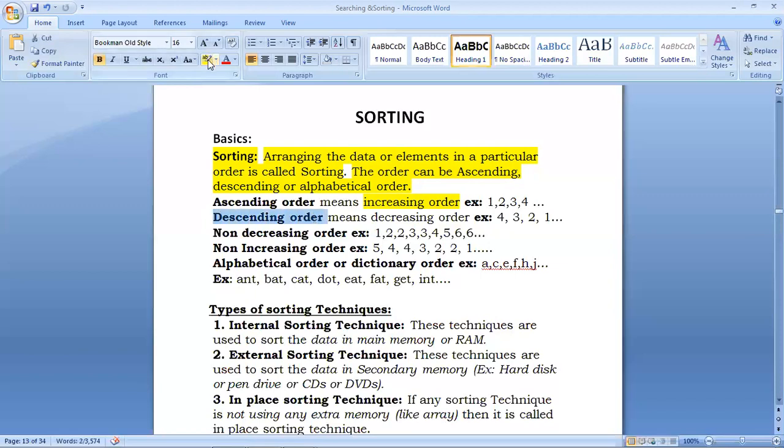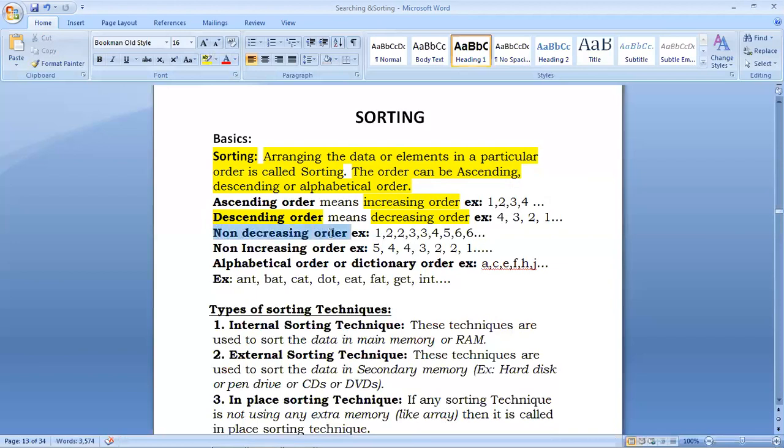Descending order means all the values or elements must be in decreasing order, strictly in decreasing order. See this example 4, 3, 2, 1 are strictly in decreasing order.